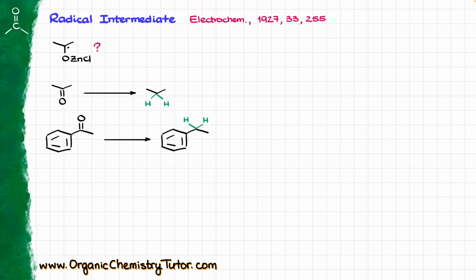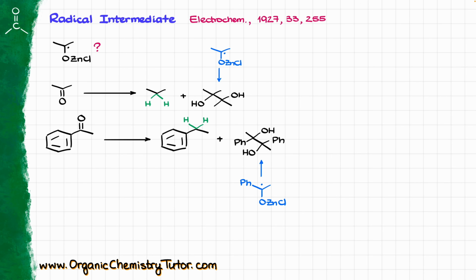Now, a well-known side product in these reactions is going to be the corresponding pinacol, which is a 1,2-diol species, and it has been postulated that the only way you can get that side product is via the recombination of our radical intermediate, so therefore we gotta have the radical intermediate. Besides, many other reactions involving free metal do form radicals via single electron transfers, so that only seems reasonable, right?